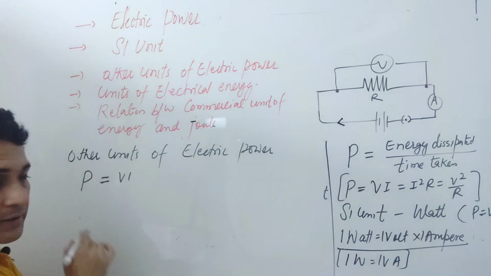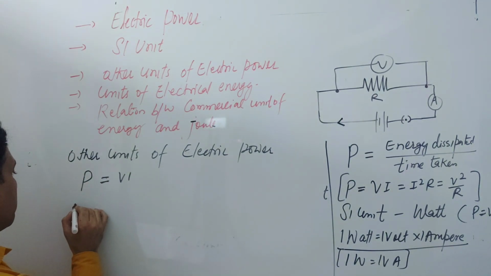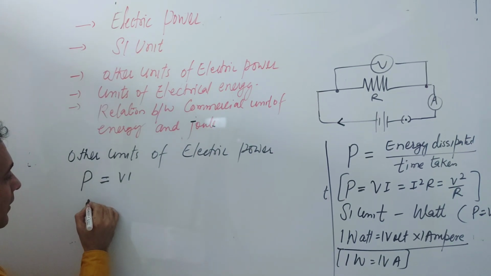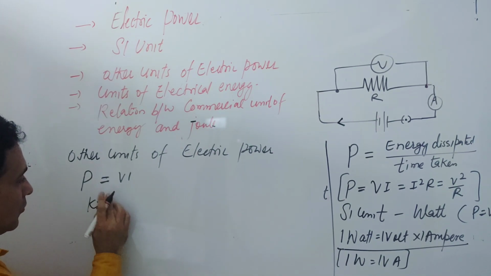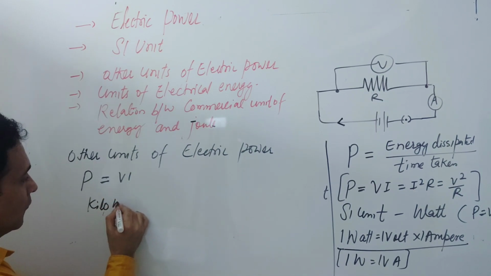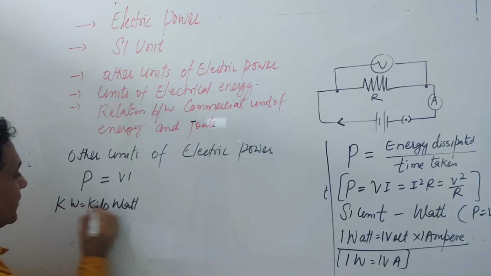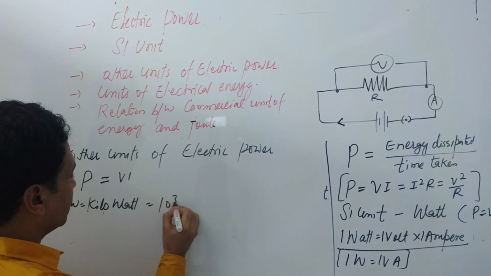Other units are kilowatt, or kW, that is equal to 10 power 3 watt, as kilo means 10 power 3.